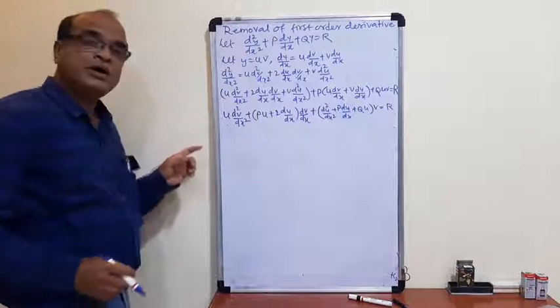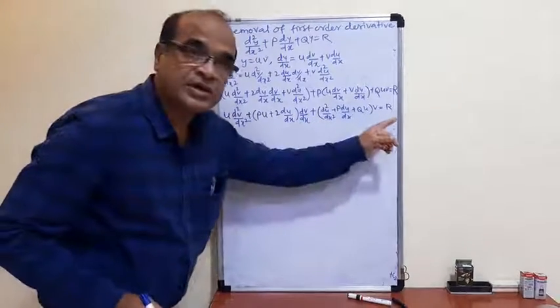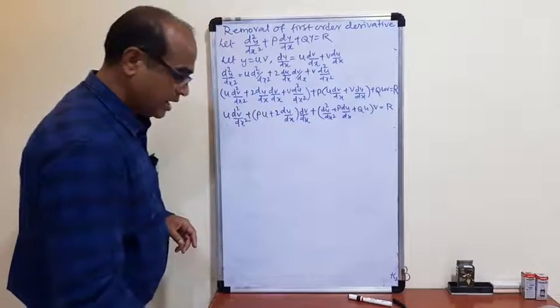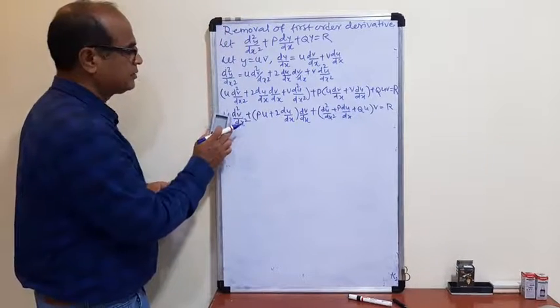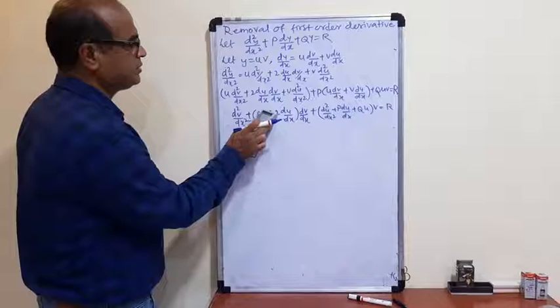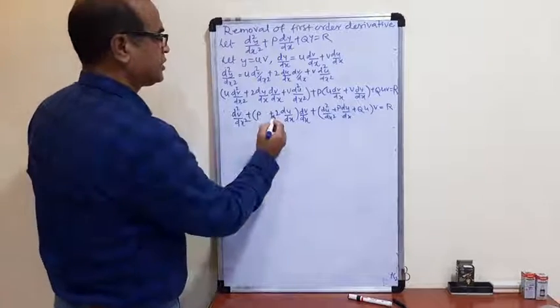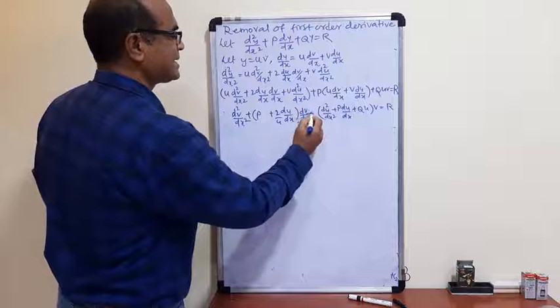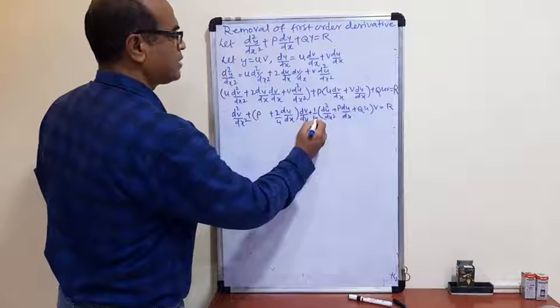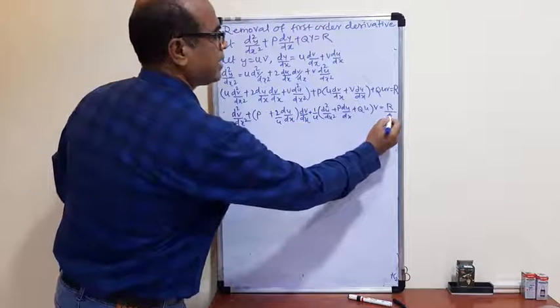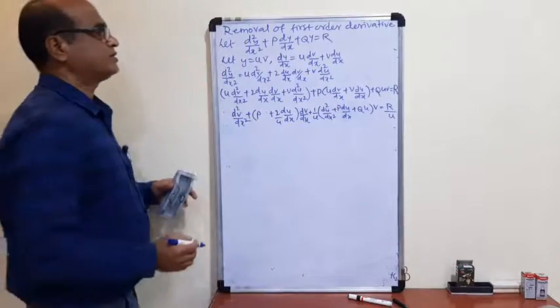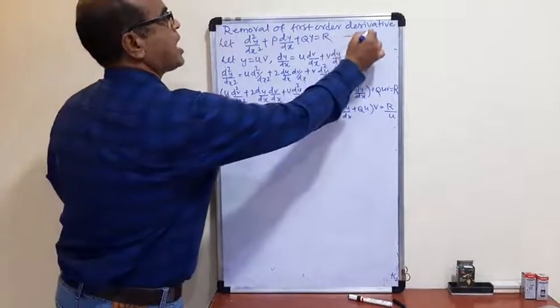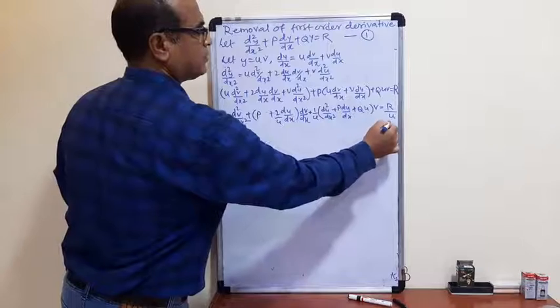Okay, so now dividing this equation by u, so we get 2 upon u, we get plus 1 upon u divided by u. So this is equation number 1 and this is equation number 2.